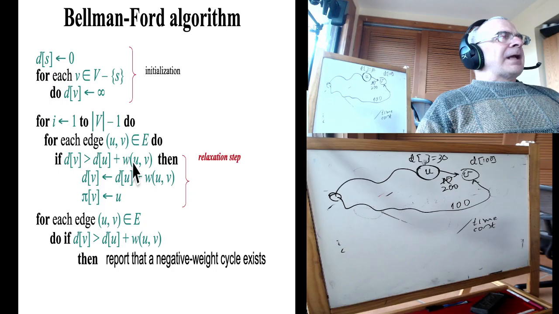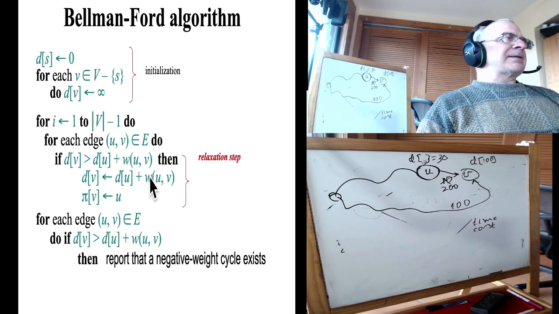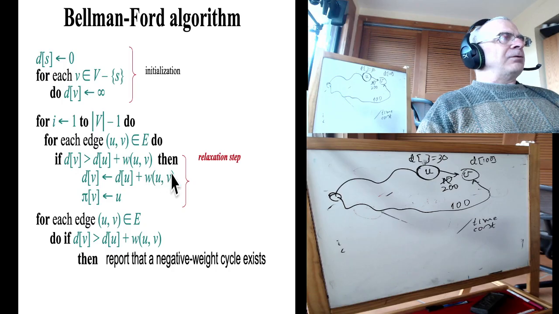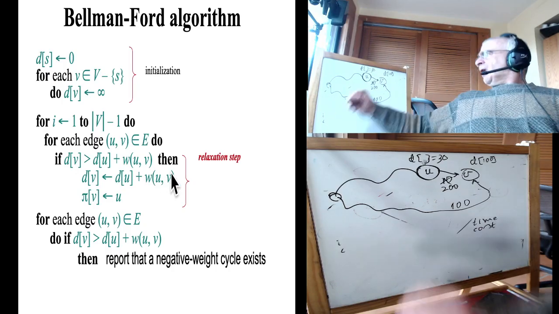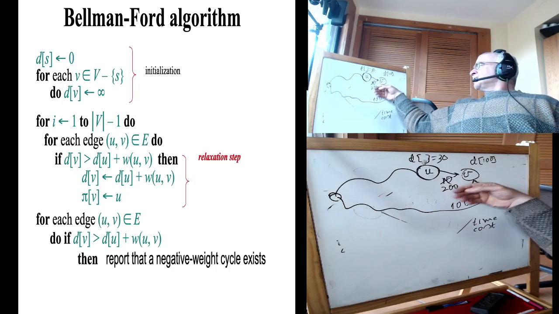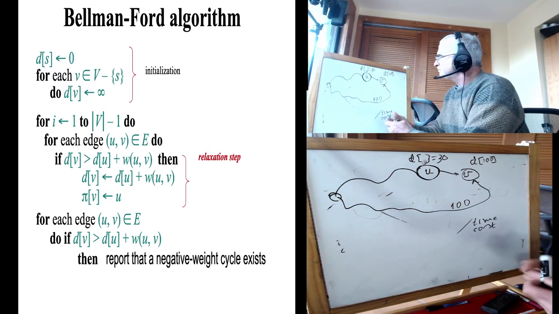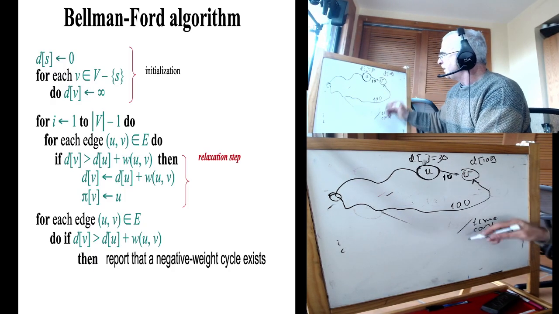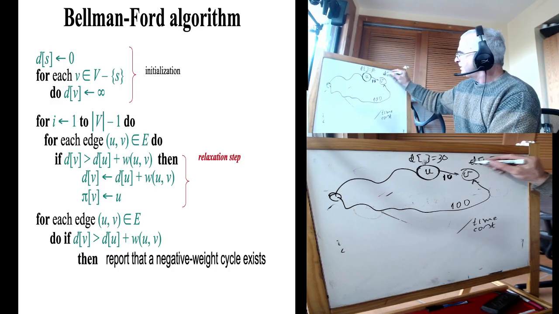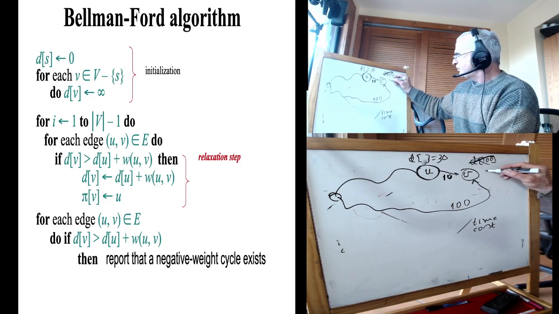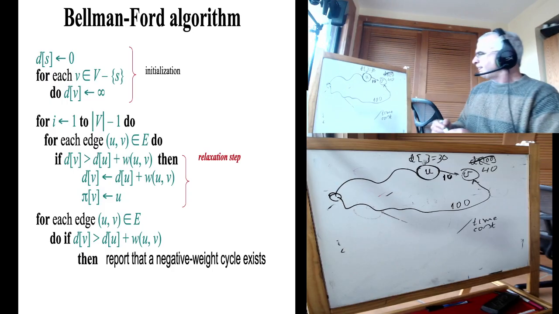Only if D of V is larger than this term, then D of V will accept this new cost, D of U plus W UV. So if the cost was 10, then I'll update D of V to be only 40.